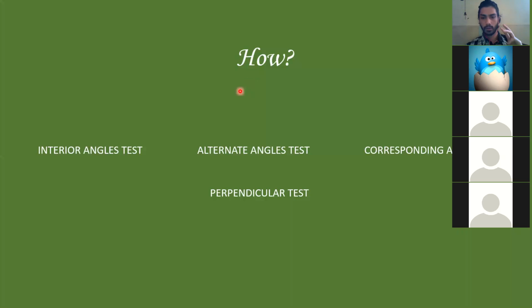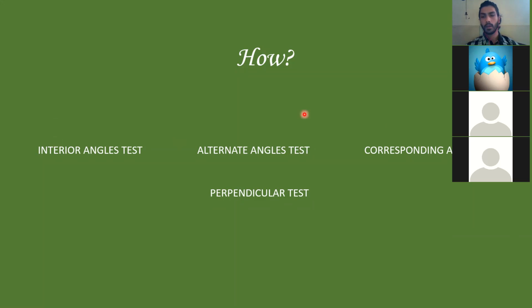So folks, what we are going to be doing today. I want you all to have a notebook and a pen as in our norms. First and foremost, we'll be given 2 lines and we have to prove whether they are parallel or not. And we'll be proving them using these tests. These 3 tests actually. The 4th one is a corollary, which I'll tell you later what it means. So if ever in life you are told, kids, just prove whether these lines are parallel or not, you can use these 3 tests.